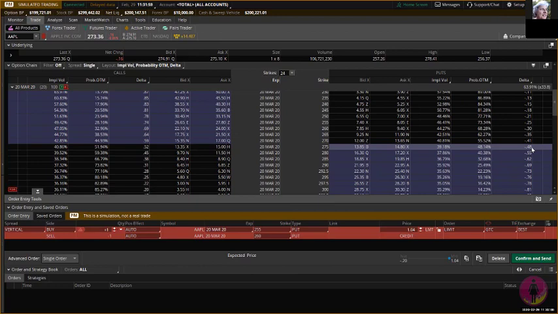The delta is telling us about the direction and the speed. The delta is the rate of change of an option price.